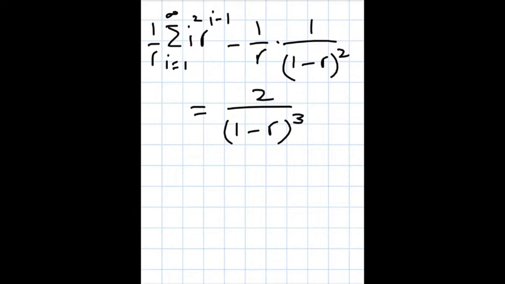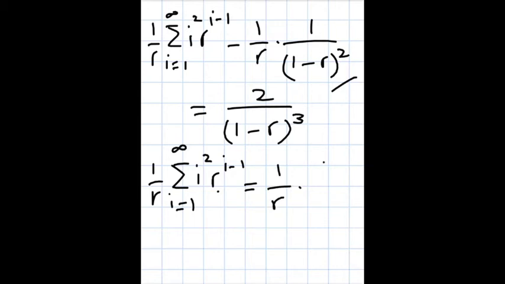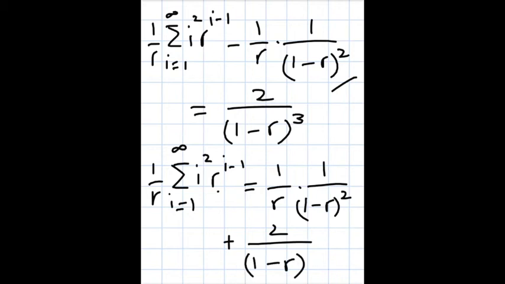Okay, so now it's a matter of just algebra. We will take this term on this side. So we have 1 over r times the sum from i equals 1 to infinity of i squared r to the i minus 1, equal to 1 over r times 1 over (1 minus r) squared plus 2 over (1 minus r) cubed.